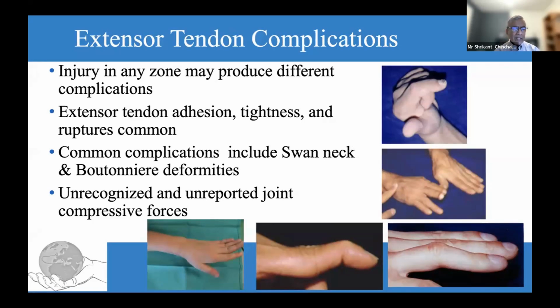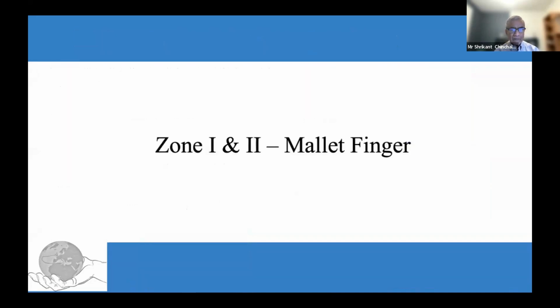So there are numerous changes that have occurred as a result of these tendon adhesions. There are joint compressive forces, and this patient had lost mobility of the radiocarpal as well as intercarpal or midcarpal joint, and therefore compressive forces were relatively quite significant.